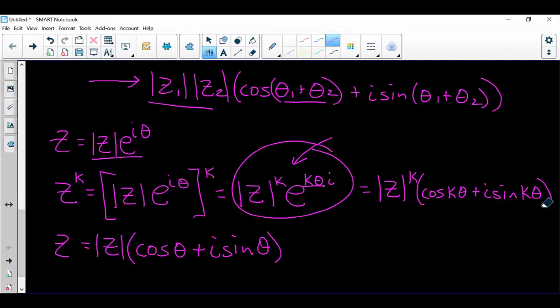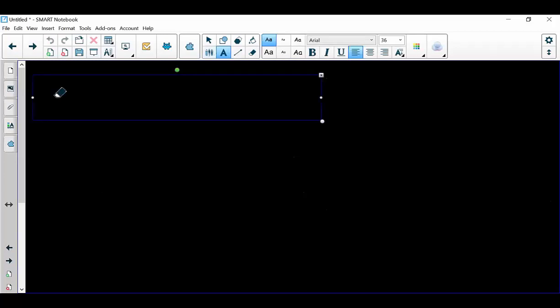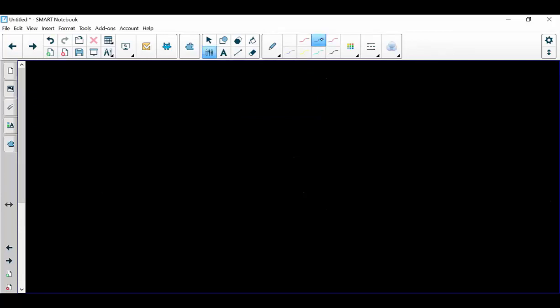Now, let's suppose we've got Z1 and Z2. Let me just summarize this. We've got the polar form. Let's suppose Z1 is equal to the magnitude of Z1 times e to the theta 1 i.